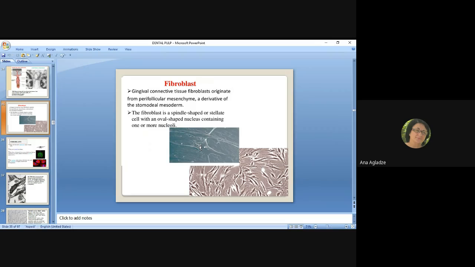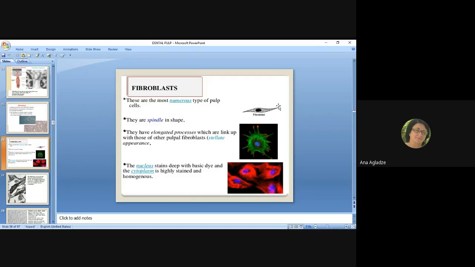They are flat, spindle shaped, and their nucleus is large and oval. Here you can see they can be fusiform, spindle shaped, or flattened cells, and the nucleus is large and oval. They bear numerous, sometimes long, cytoplasmic processes that are in desmodontal contact with adjacent fibroblasts.